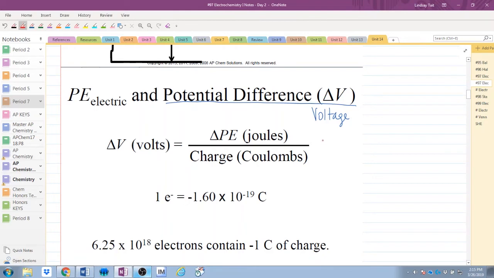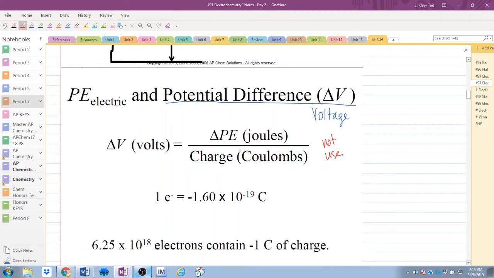We're not using this equation at all. I'm just trying to give you the idea behind what voltage is measuring. So when I say 1.5 volts, that means I would get 1.5 joules of energy for every 1 coulomb of electrons flowing from the anode to the cathode, going downhill, falling off the cliff.